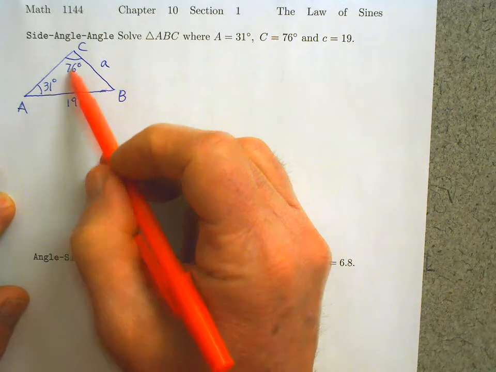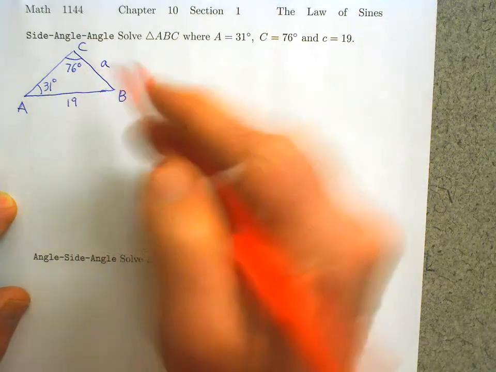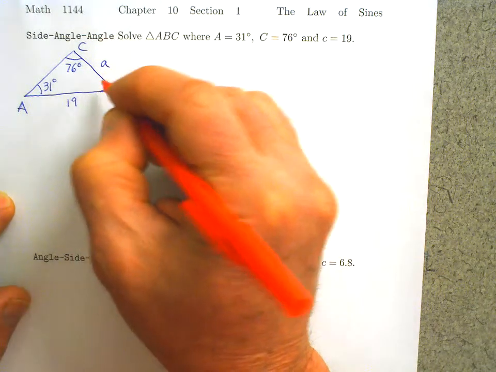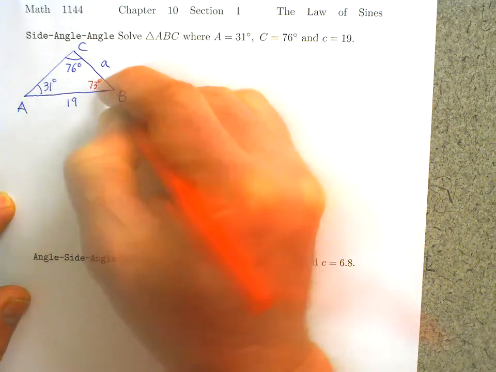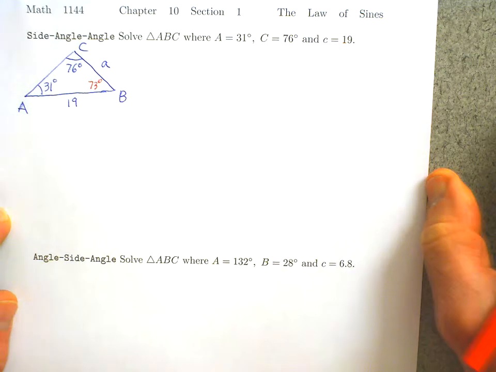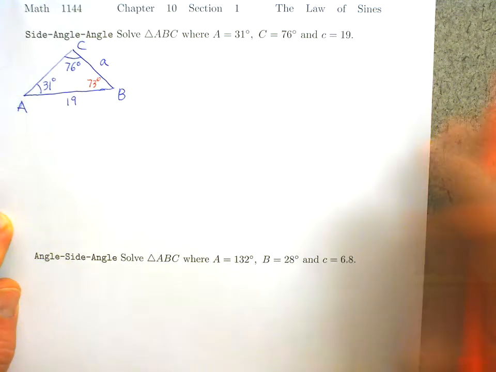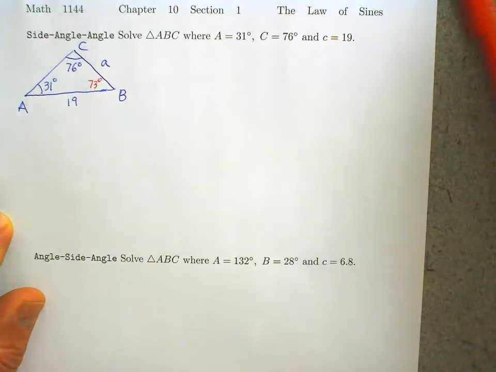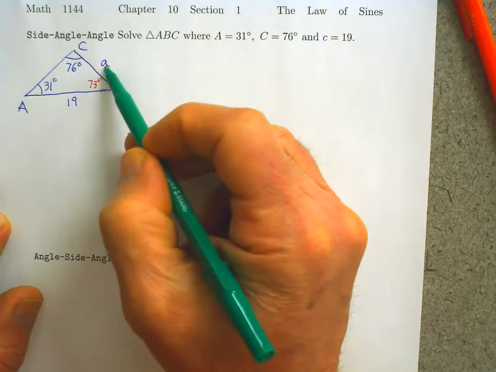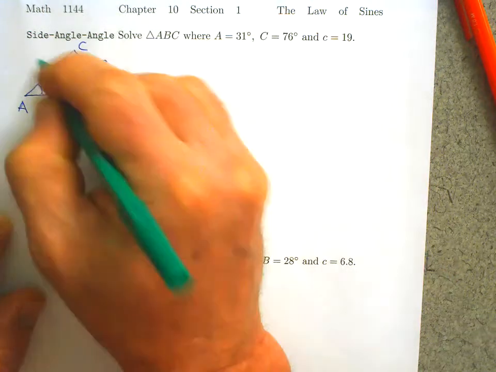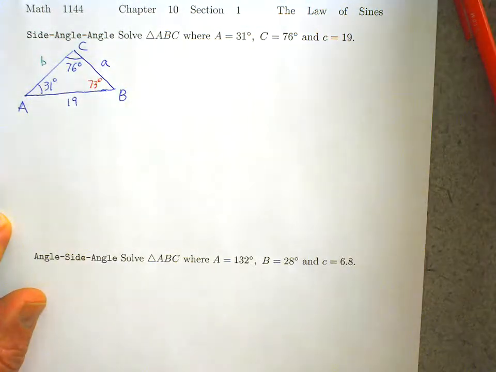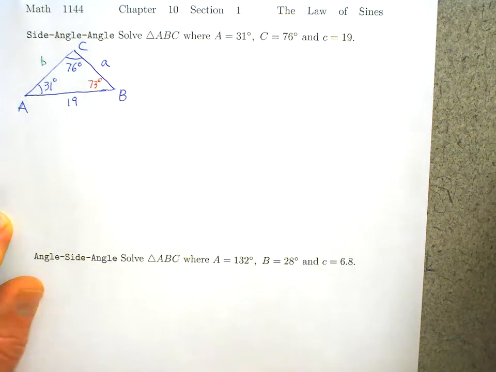So let's see, 107, so this should be 73 degrees. Okay, so there's only two things to find: this value A, which is this side BC, and also B.